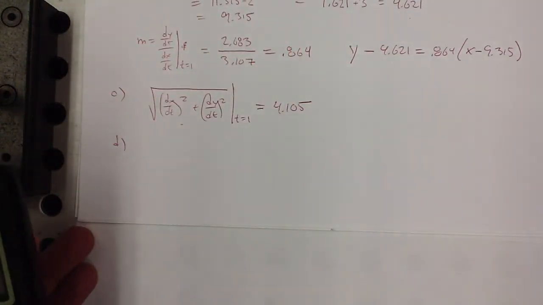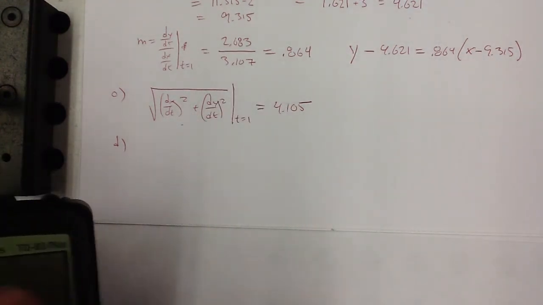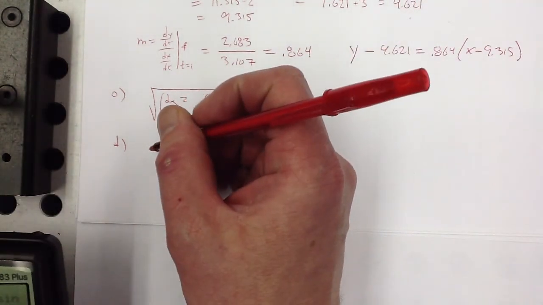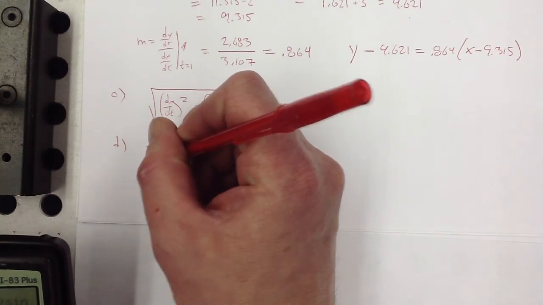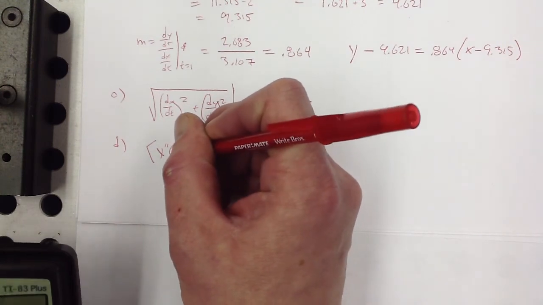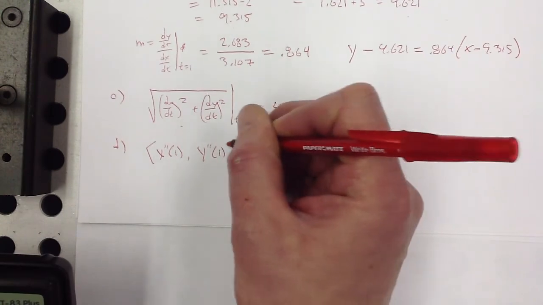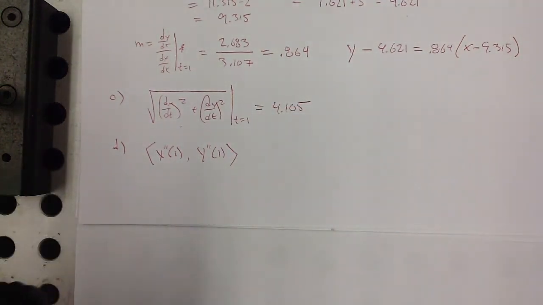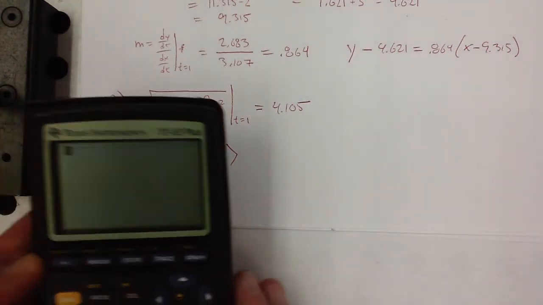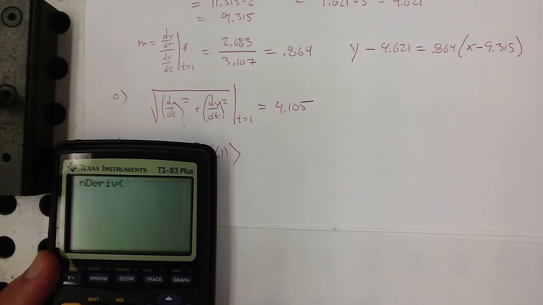D. Find the acceleration vector. Again, because I have those in here, I can make pretty short work of that. That's x double prime of 1, comma, y double prime of 1. And these are x prime and y prime. So I just need to go back to my home screen, and I can do math 8 and deriv of y1 comma x comma at 1.